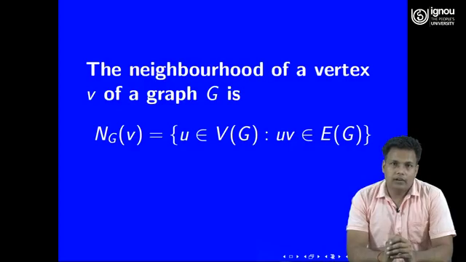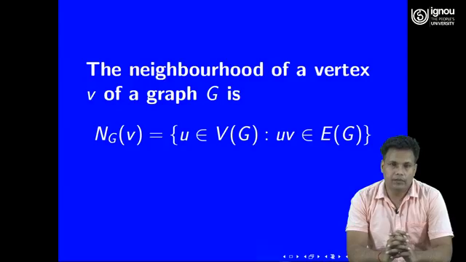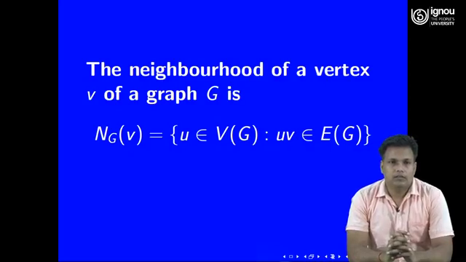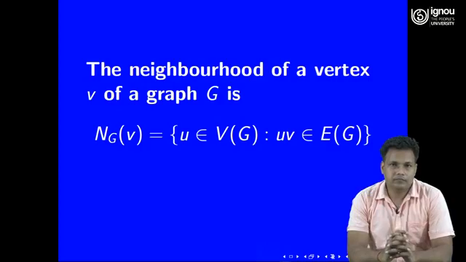The neighborhood of a vertex v of a graph G is the set of all those vertices which are adjacent to v. That is, all the neighbors of v is called the neighborhood of v.